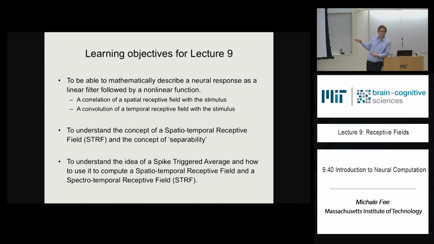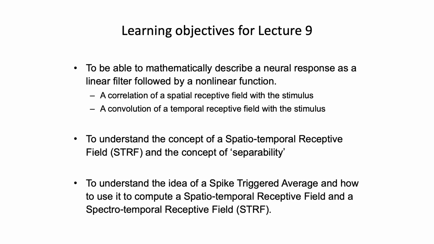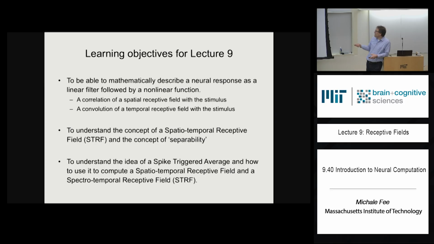Temporal receptive fields, where we've used convolution to predict the response of a neuron to a stimulus. We've talked about the idea of a spatio-temporal or spectro-temporal receptive field, and we've talked about how to use a spike-triggered average to extract the spectro-temporal or spatio-temporal receptive field of a neuron using white noise or random stimuli. Okay?